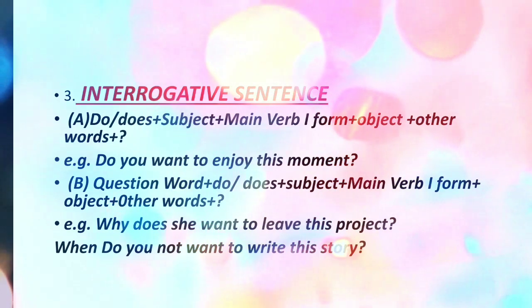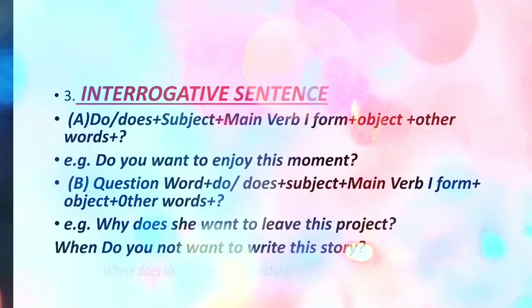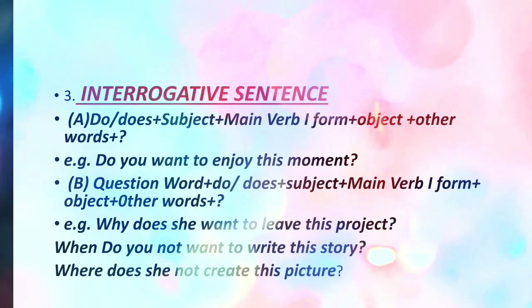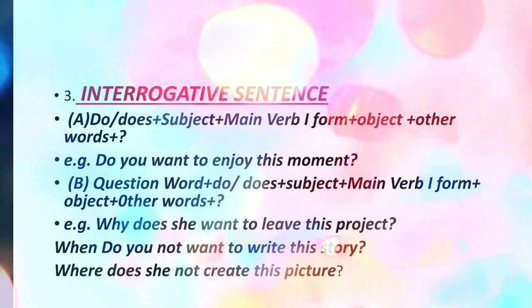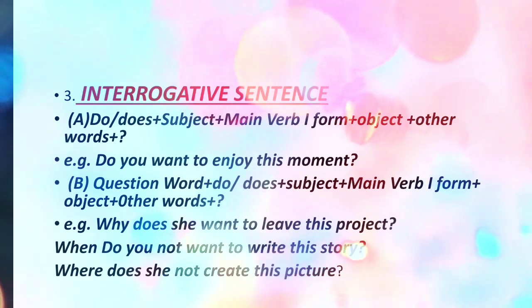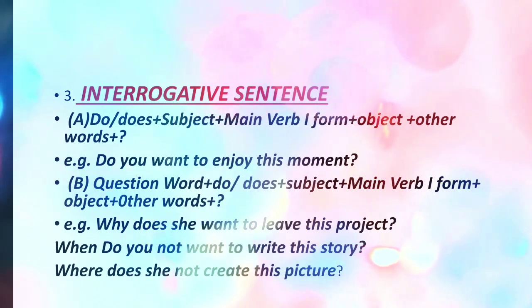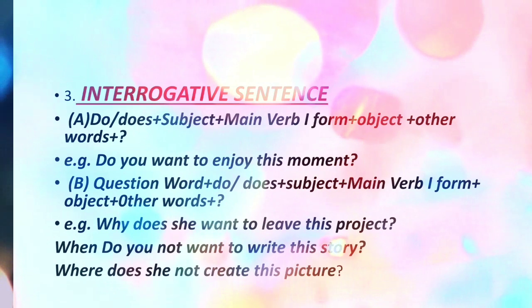But here is not, so that's why it is an interrogative and negative sentence. Next one: where does she not create this picture? In the same manner, here does is suitable for she. That's why it is also an interrogative sentence.